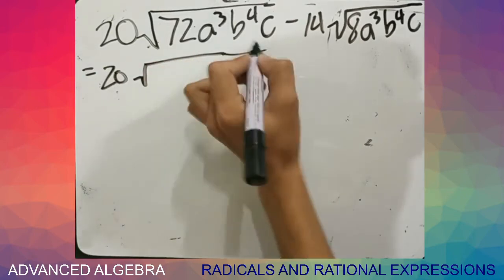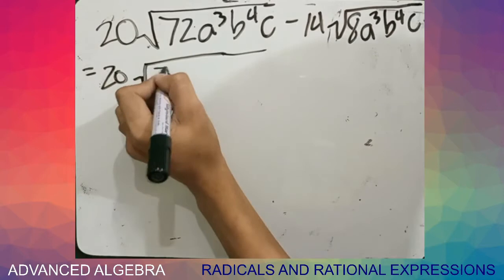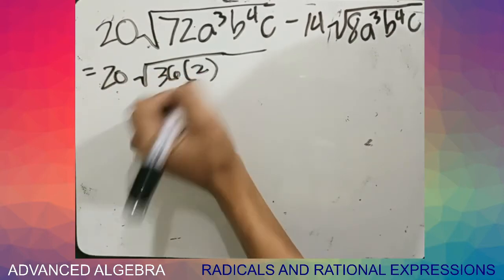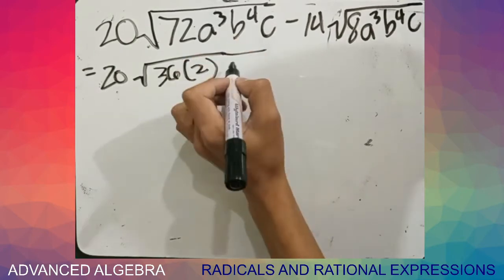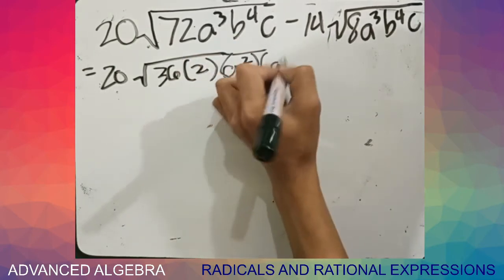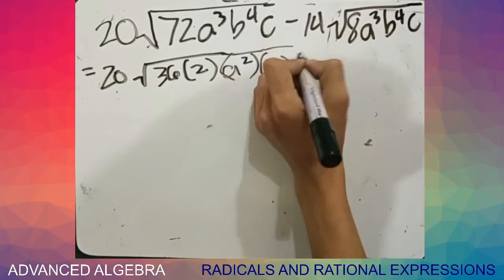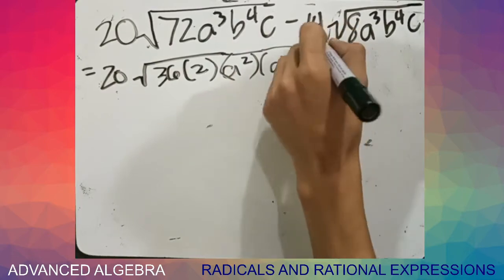Okay, what do you think ay yung pinakamalapit na may perfect square root si 72? So, sa akin, 36 times 2. So, yung 2, walang perfect square root. Next, si a cube. So, a squared times a. Okay, next, si b to the 4th power. Okay, sulat lang natin, times.